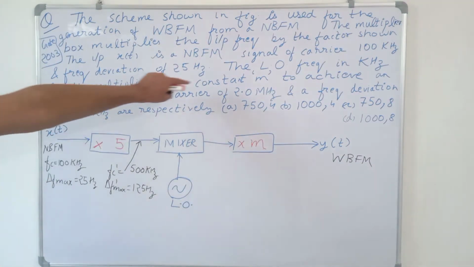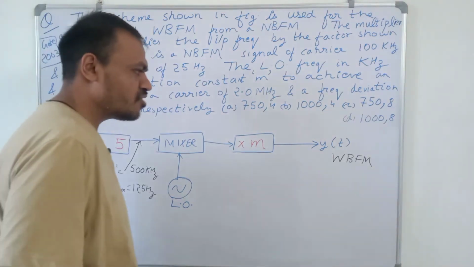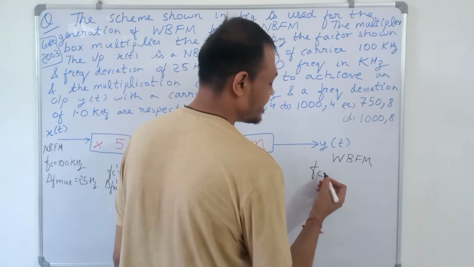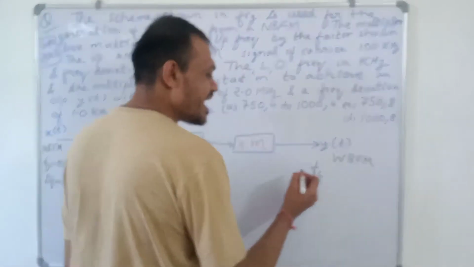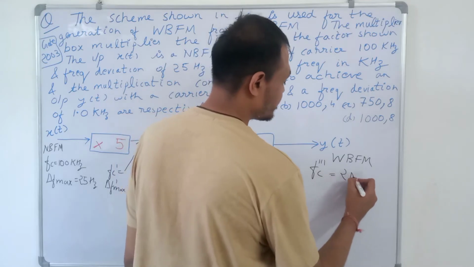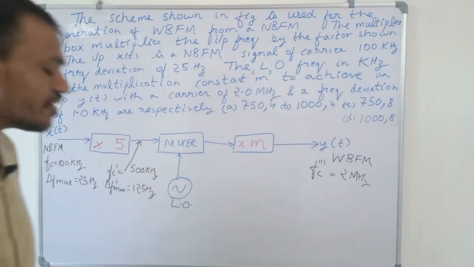We need the local oscillator frequency in kilohertz and the multiplication constant m to achieve an output y(t) with a carrier of 2.0 MHz and a frequency deviation of 1 kHz respectively.